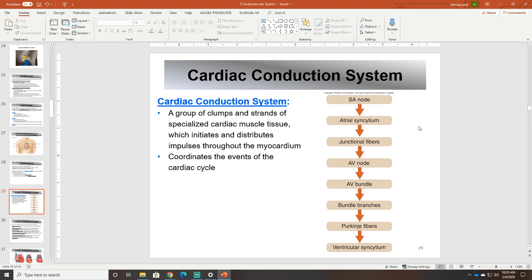So in ANP1, we mentioned several times that the nervous system does not tell the heart to beat. The brain does not tell the heart to beat. All right. If you were to be decapitated, the heart would continue to pump.